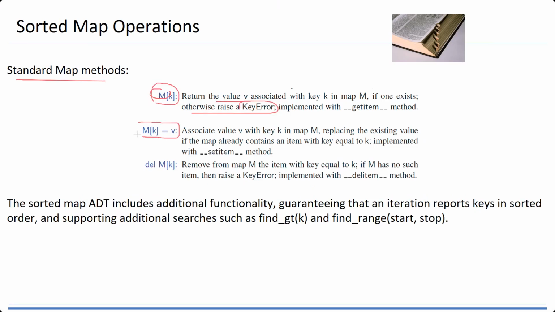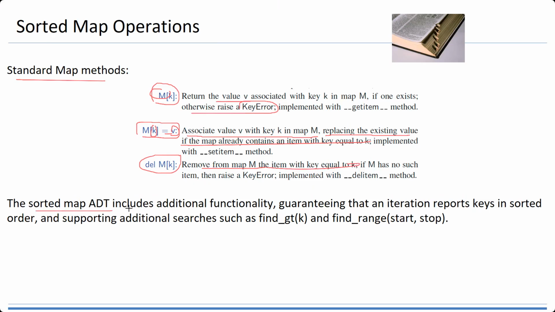M[k] = v: I want to update the value at the key k with the value v, so it associates value v with key k in the map M, replacing the existing value if the map already contains an item with the key equal to k. And del M[k] means I want to remove from map M the item with the key equal to k. We already learned this last time.